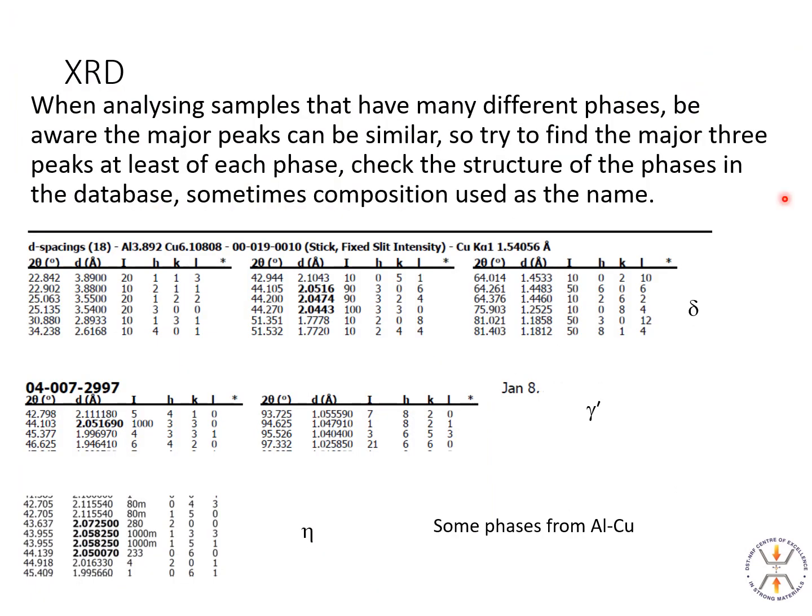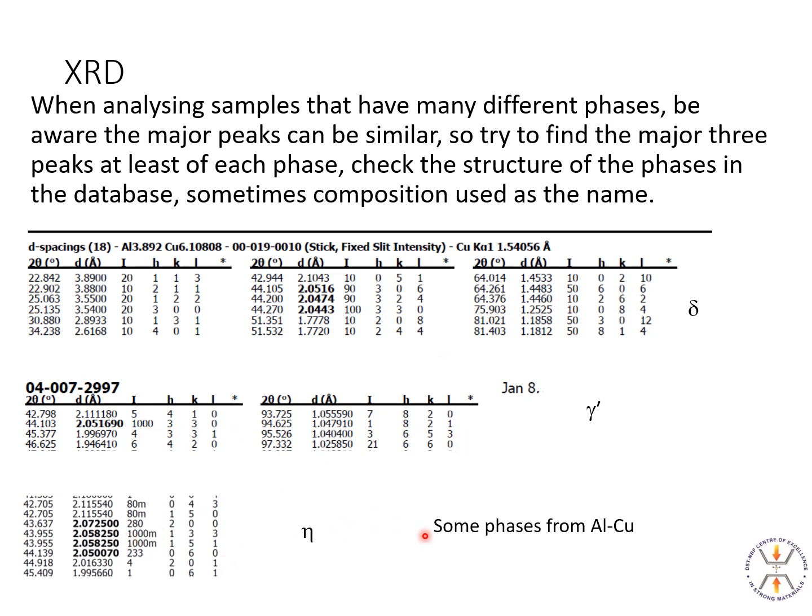And then the other thing that can happen is sometimes the major peaks can be very, very similar. So if we look at this, we've got some phases of aluminium copper, and we've got a peak near 2.05, a peak at 2.05, in that phase and that phase.